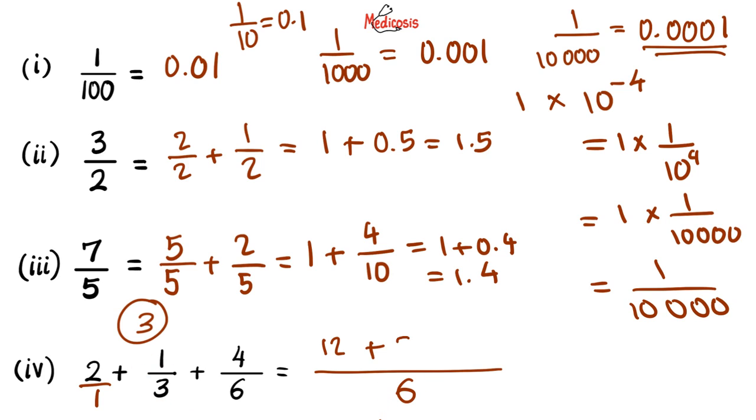Times 1 is 2. And then you do the same thing for the third one. 6 divided by 6 is 1. Times 4 is 4. So the denominator is 6 and the numerator is 12 plus 2 is 14 plus 4 is 18. 18 divided by 6 is 3. It's the same answer once again. Because in mathematics, all roads lead to Rome. Arithmetic is my Roman Empire.